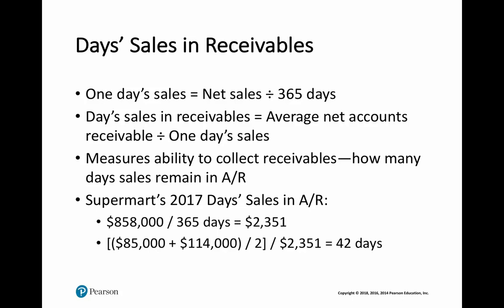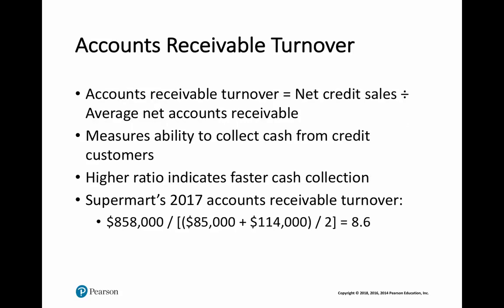We then take our average accounts receivable, the 85,000 plus the 114, divided by 2, divided by that day's sales, 2,351, and that tells us 42 days. That's how many days it takes us to turn over our accounts receivable, which is the same way as if we took our 8.6 that we got here, 12 months divided by 8.6.